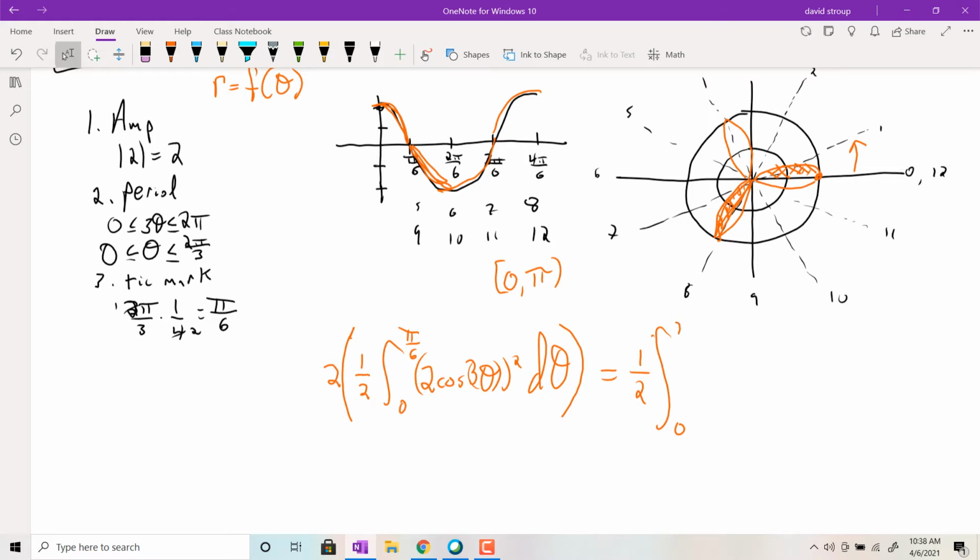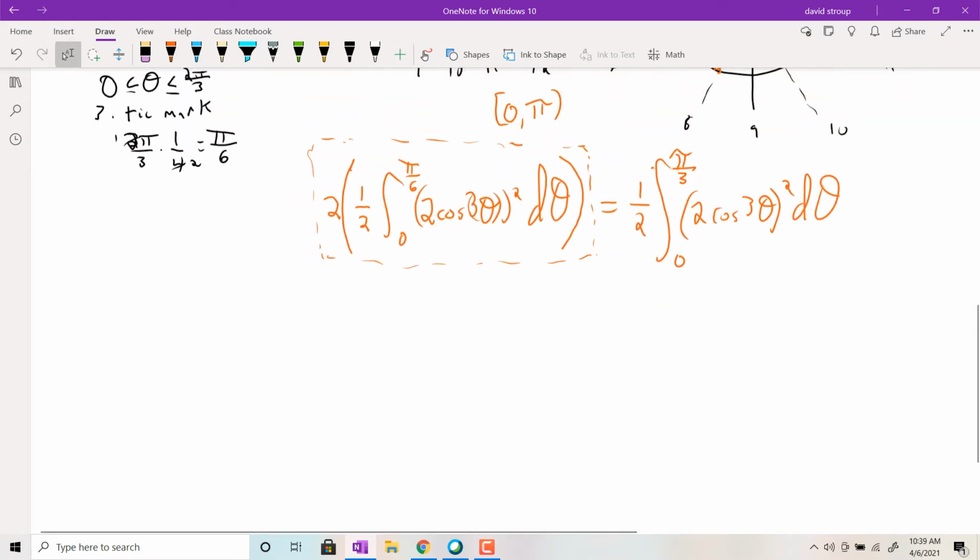I think they're pretty much the same integral. 2 pi over 6 is the same as pi over 3, and you have 2 cosine of 3 theta squared d theta. Those two are equivalent, but like I said, I'm more inclined to use the symmetry aspect of these rose petals. So I'll do the second integral as opposed to the first.